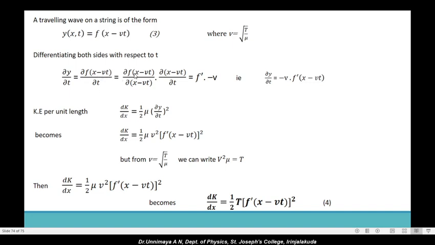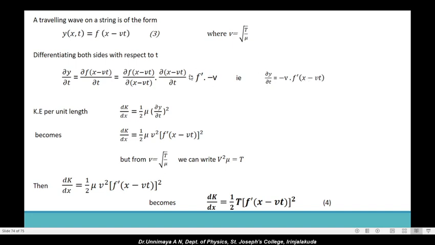That is dou f of (x minus vt) by dou (x minus vt) into dou (x minus vt) by dou t. That is, dou f by dou (x minus vt) is f prime. Dou (x minus vt) by dou t is minus v. So dou y by dou t can be represented as minus v f prime of (x minus vt).